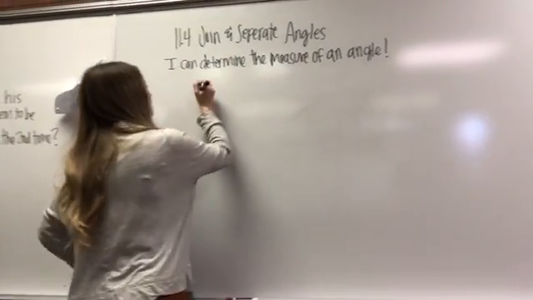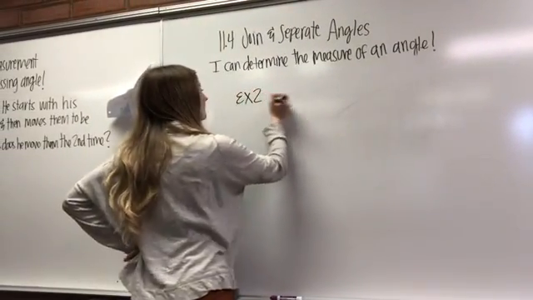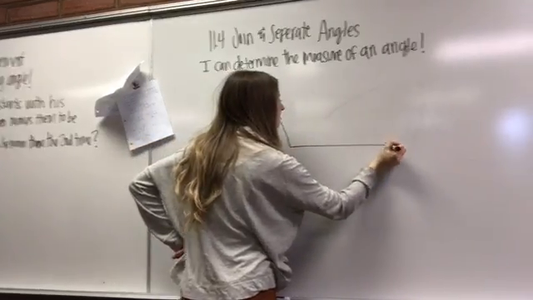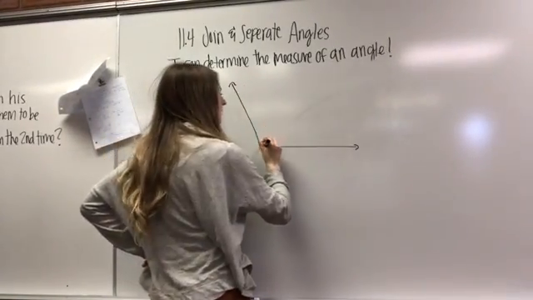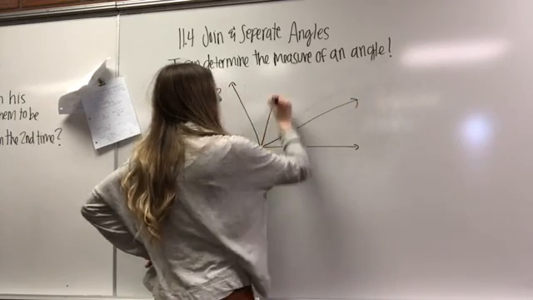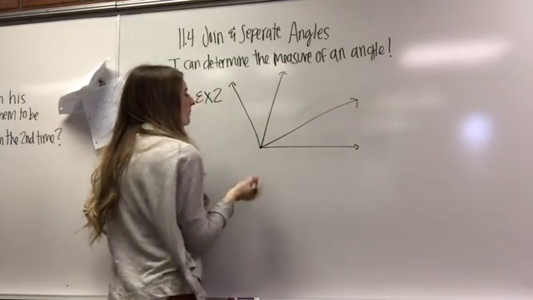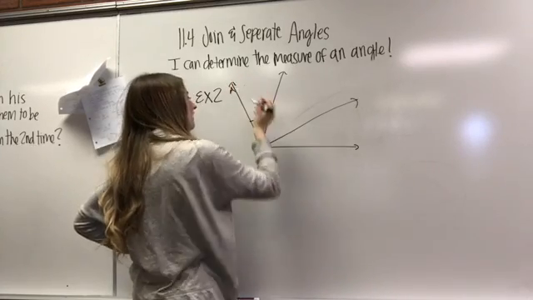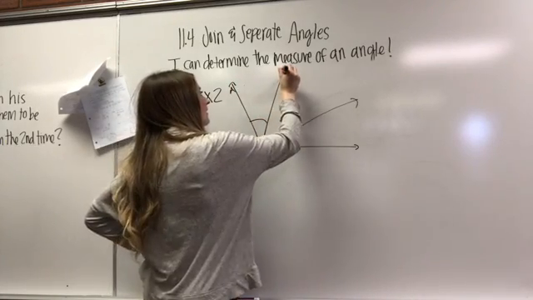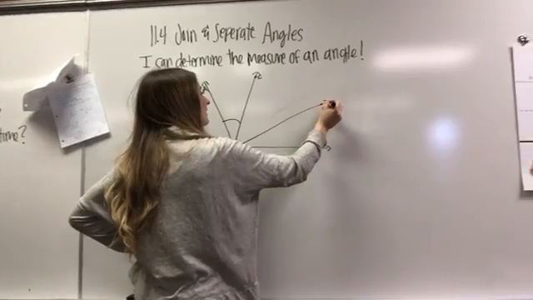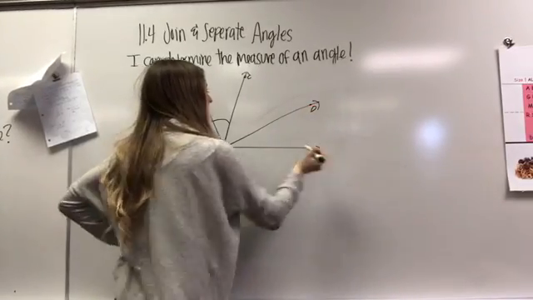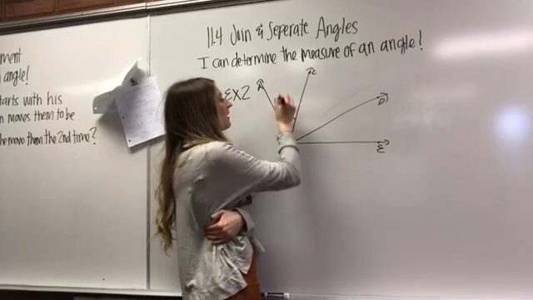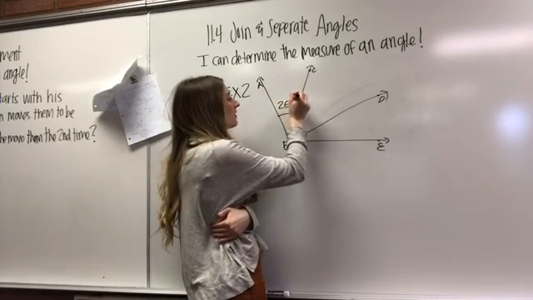All right, example 2. We have, let's do this one. Okay, if this angle is, let's call this A, B, C, D, E. Okay, we want to know, so angle ABC is 26 degrees.